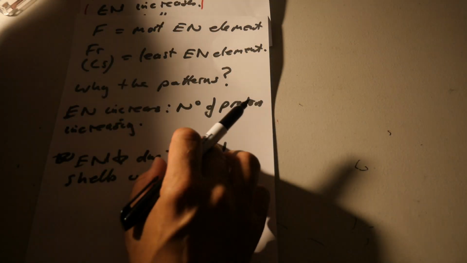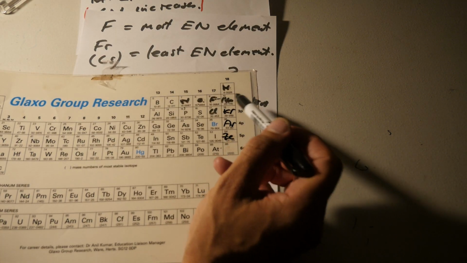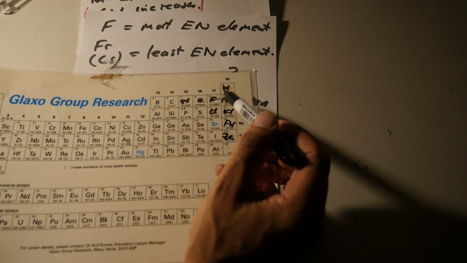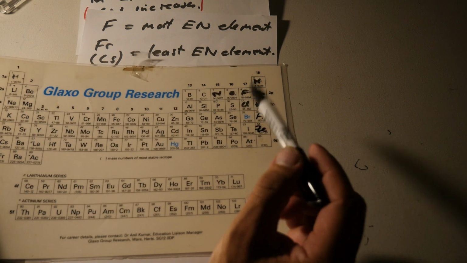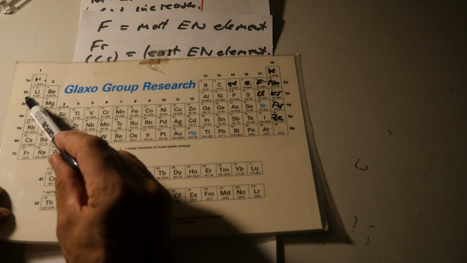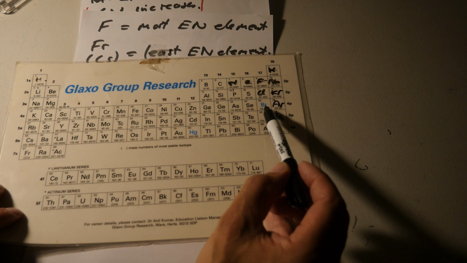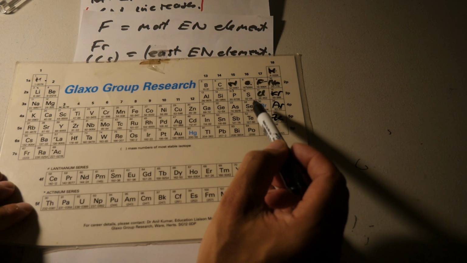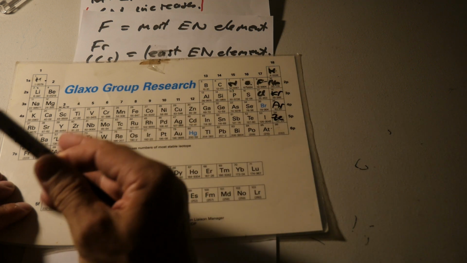So fluorine, with 9 protons, pulls much more strongly than lithium, with 3. Chlorine pulls more strongly than sodium. Bromine pulls more strongly than potassium because there are more protons. It has a much more positive nucleus, so it pulls more strongly on other atoms' electrons.